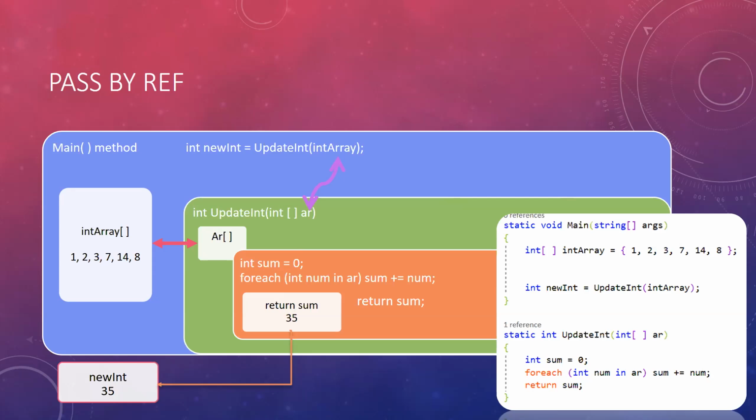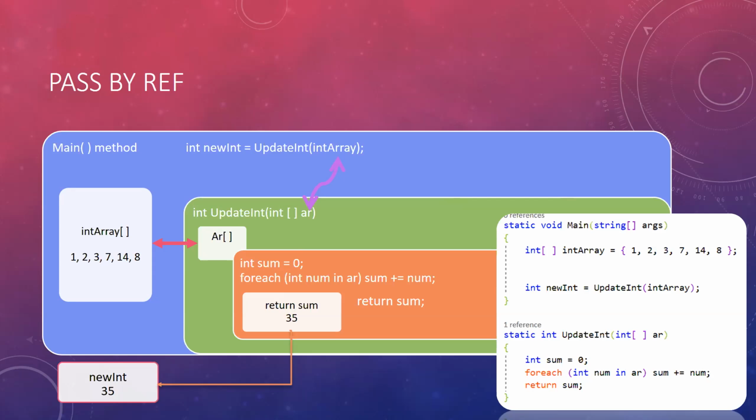So let's look at this one. Here we have a main method. And again, this variable new integer gets initialized from the update int method. But the update int method expects an array of integers to be passed to it now. Here's our array of integers. It has these values. It gets passed in. Now, when it gets passed in, the data doesn't get copied.